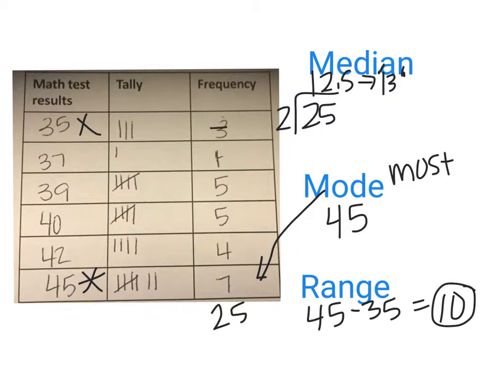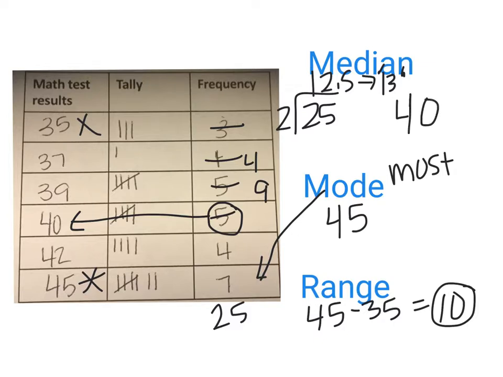Well, this is 3 numbers. That's one number giving me 4. That's 5, which gives me 9. And I would know that my 13th number is somewhere in between these numbers, which would mean that my median is going to be 40.